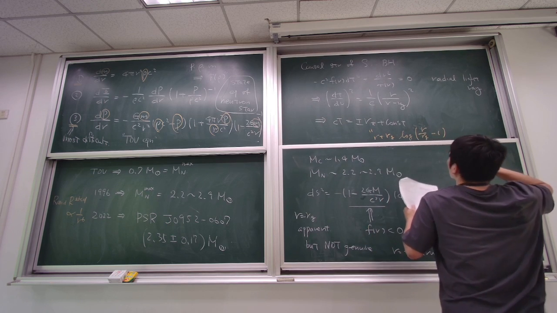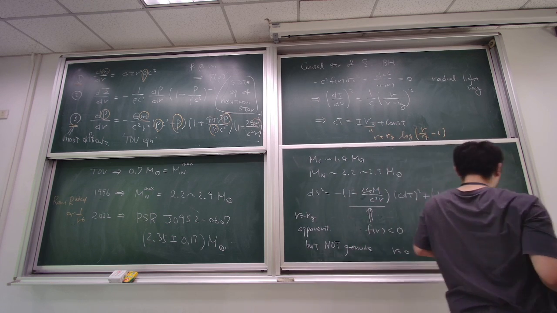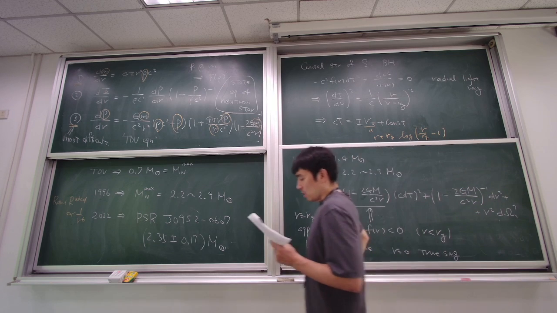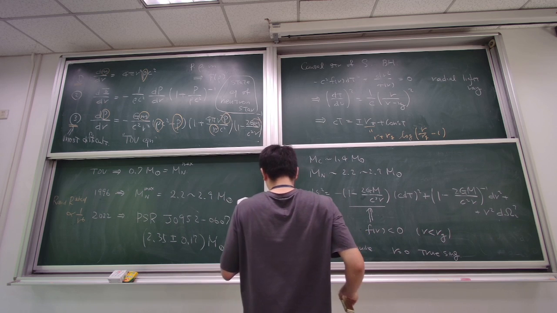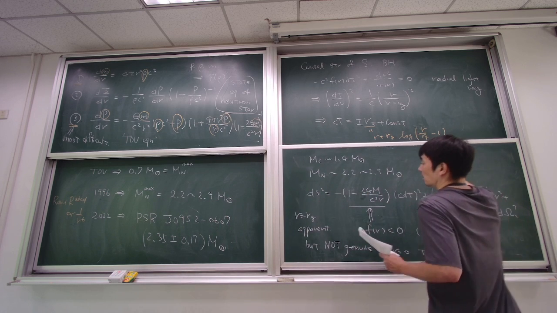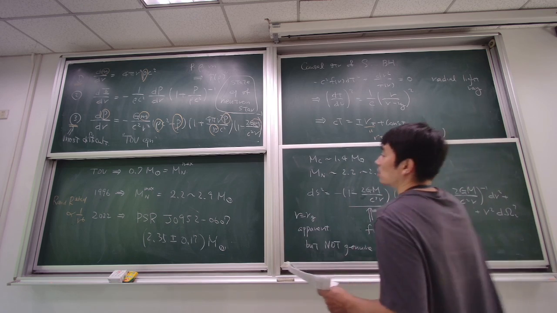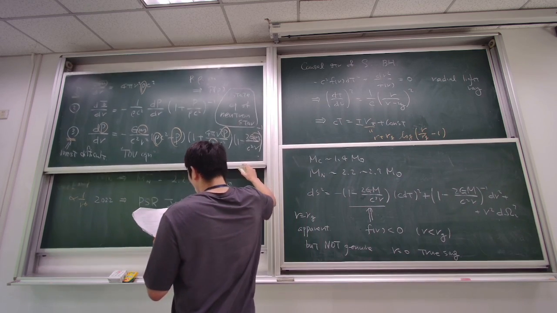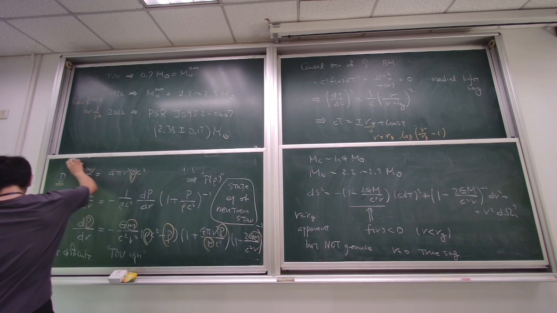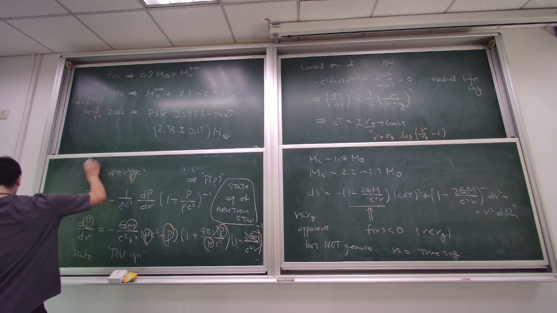Okay, that's the r star. So these are the equations of the trajectory of light ray, and each trajectory is labeled by the integration constant.